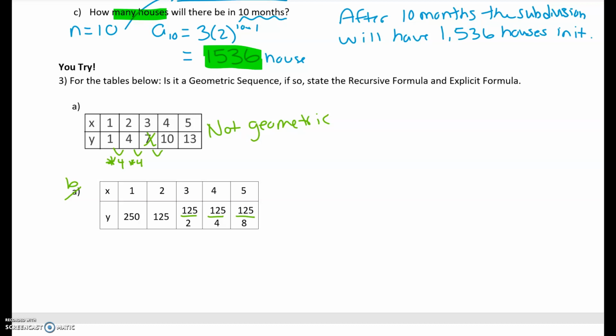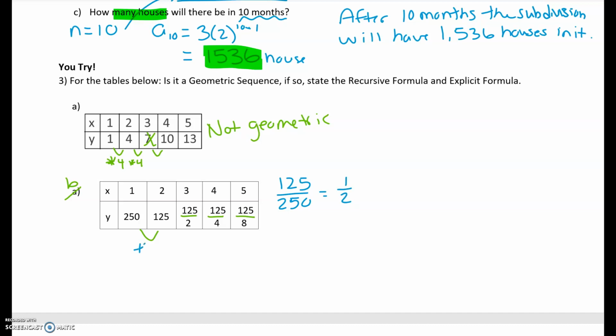Okay. So we want to figure out for this one, is it geometric? So on here, to go from 250 to 125 might not be as obvious. So let's use that little trick that we did, which said take the second term, 125, and divide by the first term, 250. If we take 125 and we divide by 250, it's going to give us 1/2.